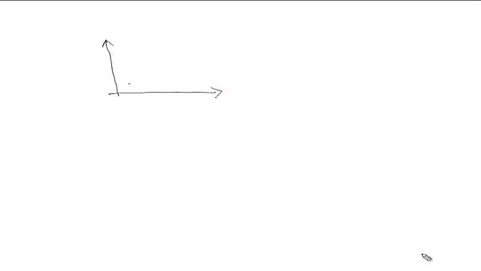So let me capture the same diagram again here, the diagram that I drew previously. I took a function like this. This is y equal to f of x, and this is x.